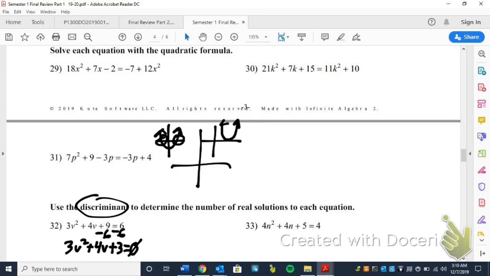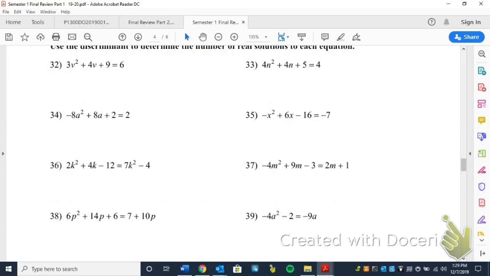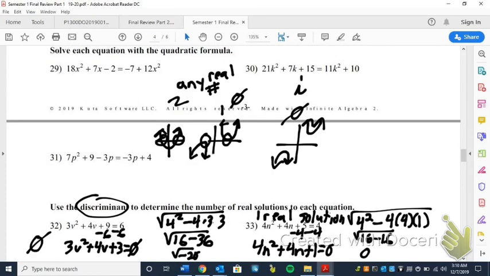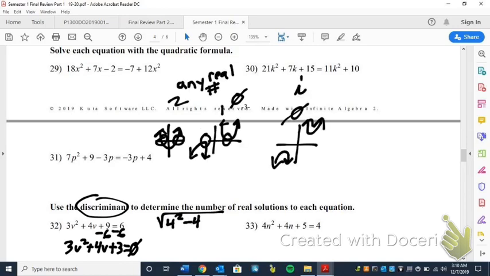That's what it looks like if any real number is my answer. So if the discriminant is equal to a positive real number, I have two answers. If the discriminant is equal to 0, I have 1. And then if the discriminant is equal to a negative number, then I have 0 real answers, and that's what the graphs would look like.